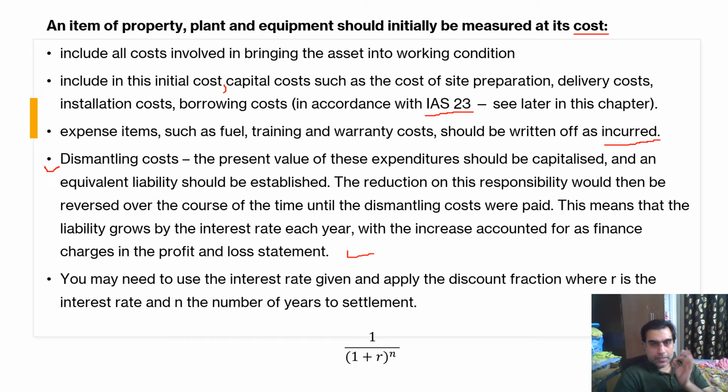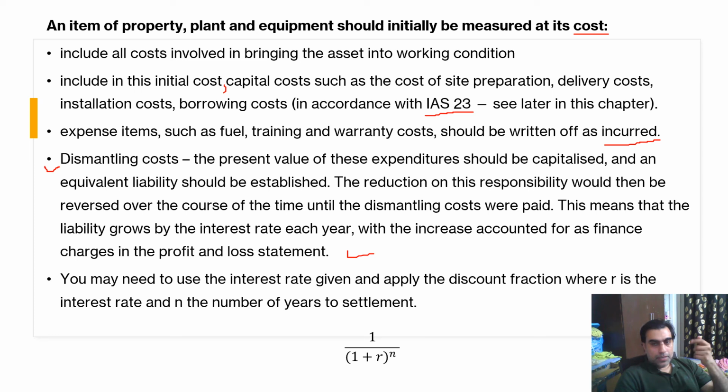Here you have to understand that the present value of the dismantling cost we have to add to the cost of property, plant and equipment. However, this present value will increase every year, and that increase will be charged every year in the profit and loss statement. It will be more clear with the example.